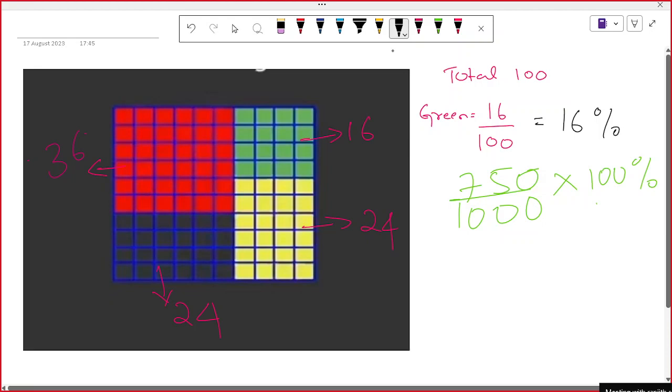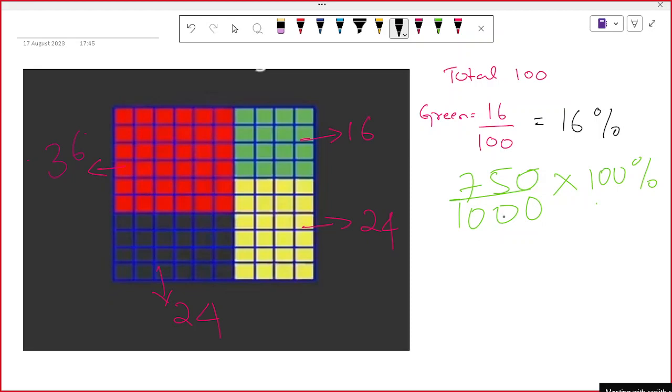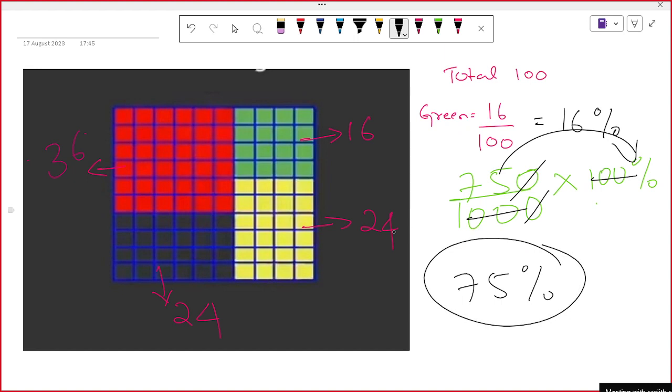If any of your friends or relatives ask, you have 10 subjects. Each subject is for 100 marks. So total 1,000. In that, you have scored 750. Percentage: the zeros get cancelled, one zero cancelled. What is left? 75%. Which means total 1,000 marks is 100%. In that, it is 75%.